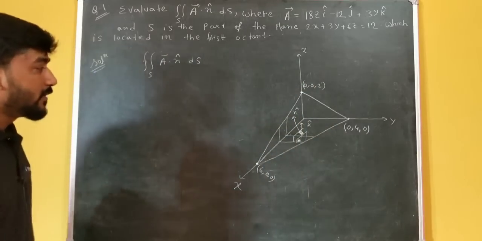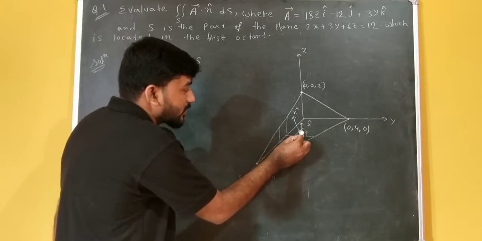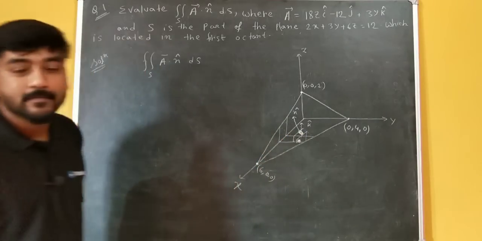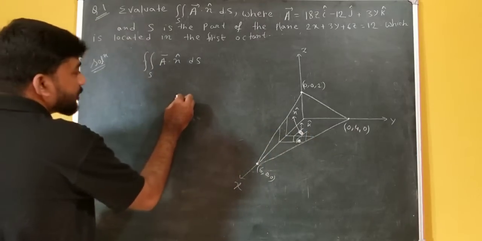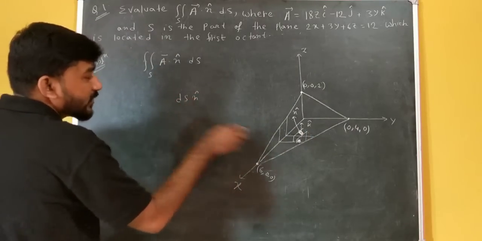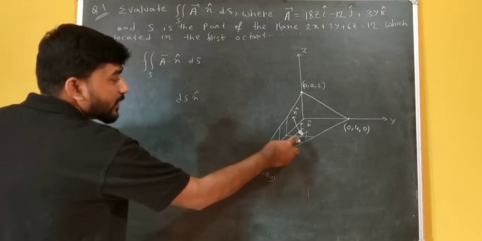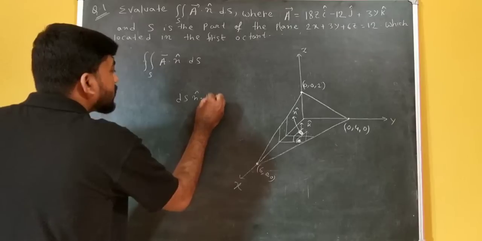Now if you take the projection of this dS on the xy plane, you will get dS n cap dot k cap, since the direction of the xy plane is along k cap.